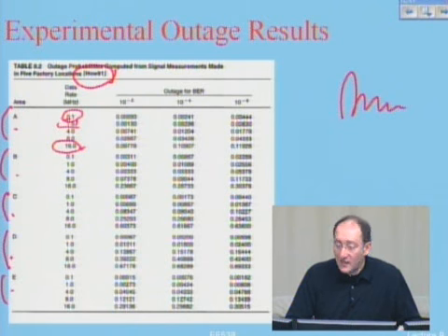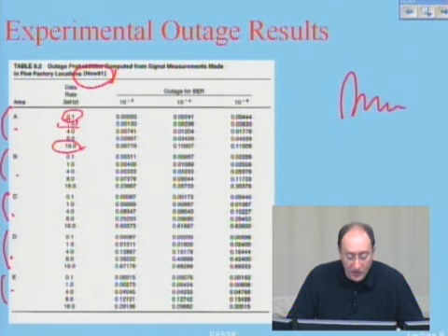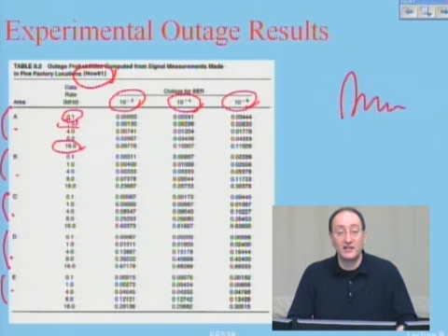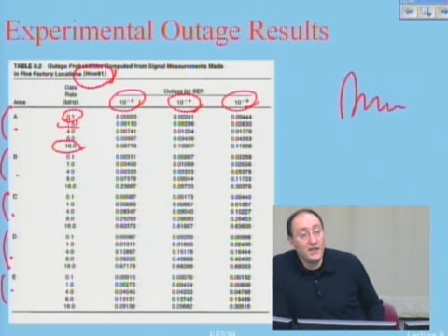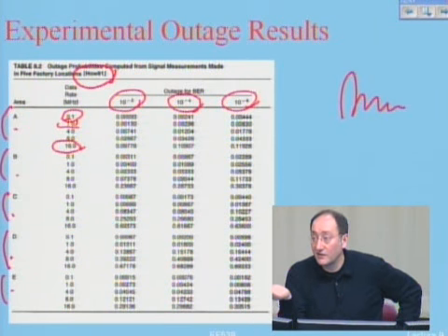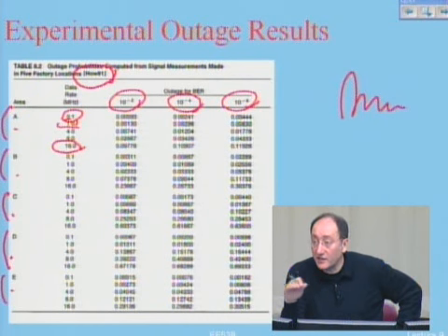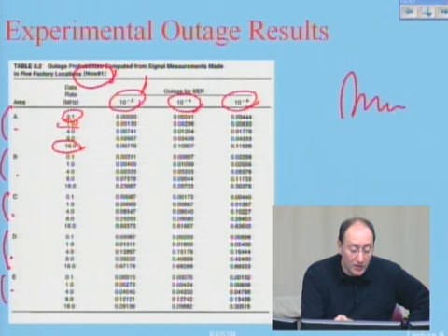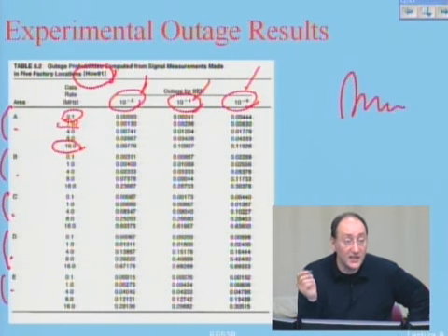And what he does is calculate probability of outage. Outage from a threshold of 10 to the minus 2, a threshold of 10 to the minus 4, a threshold of 10 to the minus 8. Do you remember? When we define probability of outage, we have to say outage from what? I have a threshold error rate. That threshold error rate could be 10 to the minus 2, 10 to the minus 4, 10 to the minus 8.